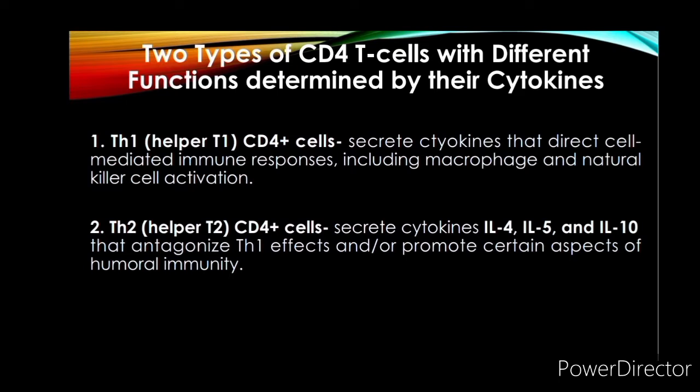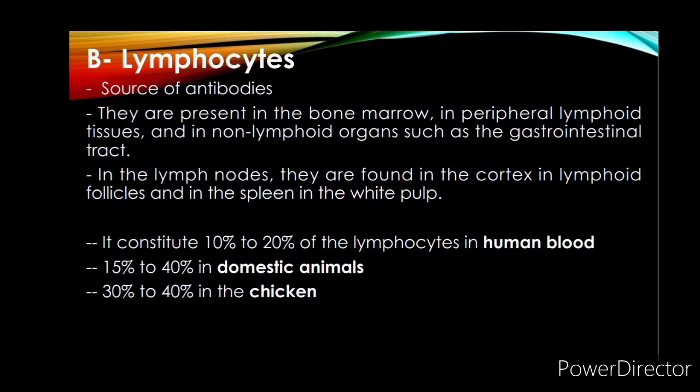Let's move on to the other one, which is the B lymphocytes. So B lymphocytes are the source of antibodies. So the antibodies participate in immunity either by directly neutralizing extracellular microbes or by activating complement and certain effector cells to kill microorganisms.